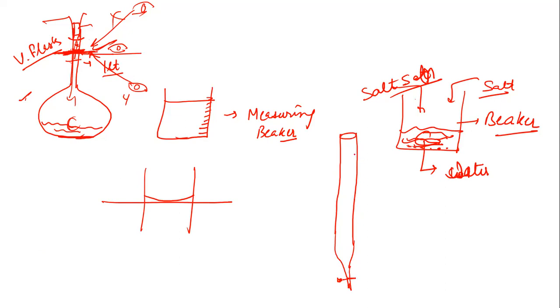It has a marking 0, 1, 2, 3, 4, 5, or maybe 10, 20, 30, 40, 50, something like that. Markings are there. This is the stopper.